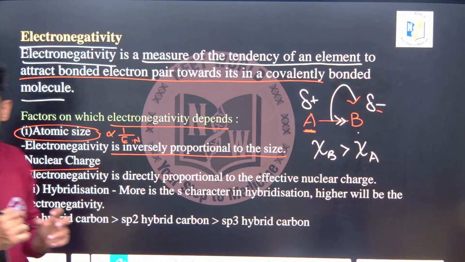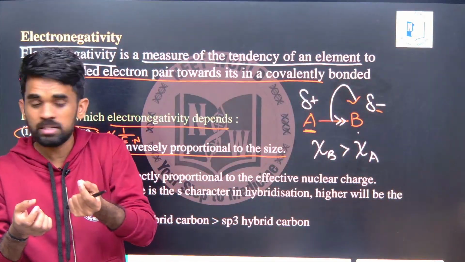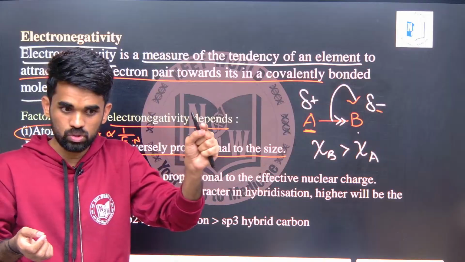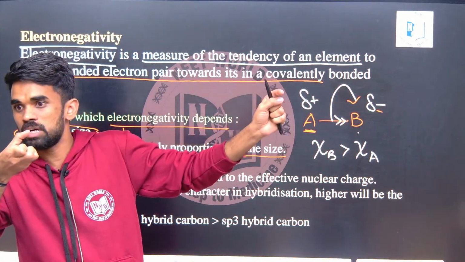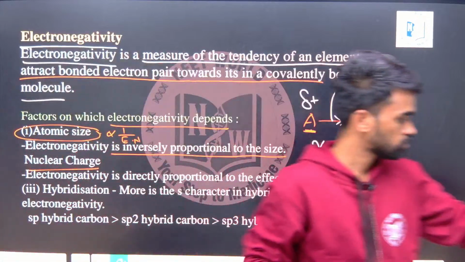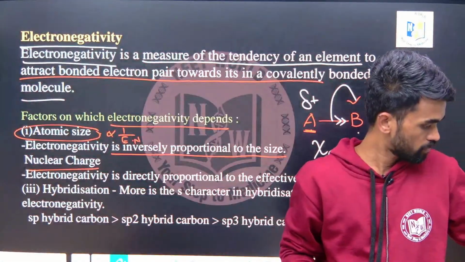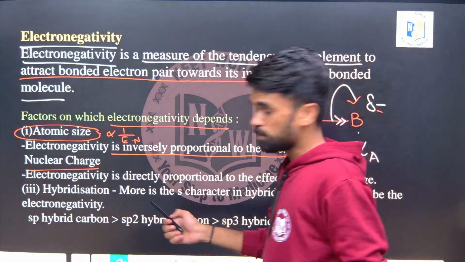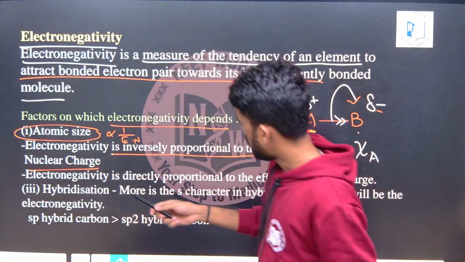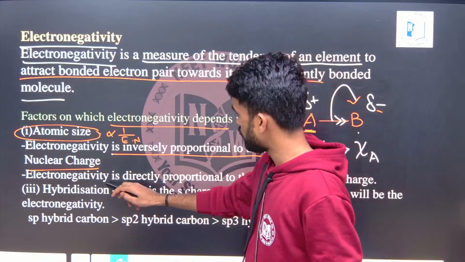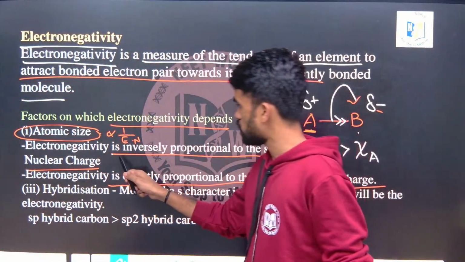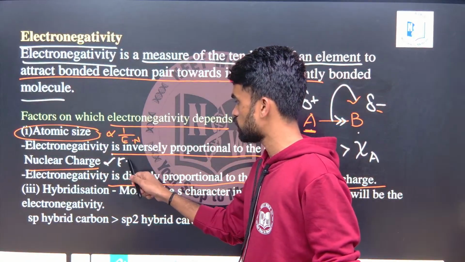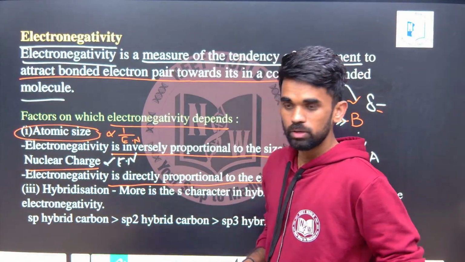More nuclear charge means more positive charge, and negative charge means electrons here, so more positive charge attracts the negative electrons easily. So electronegativity is directly proportional to the effective nuclear charge.